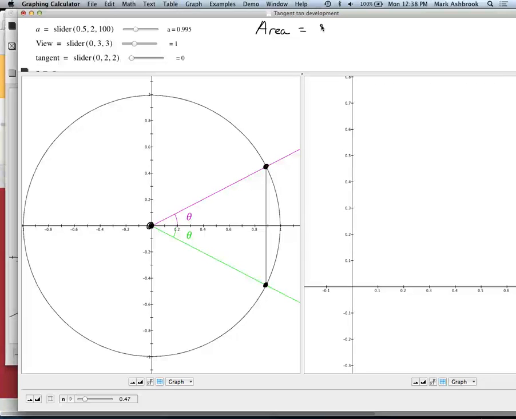Okay? Go. See if you can do it. I'm going to draw some more in blue. Anything I draw in blue, you just ignore. Ignore the blue and find the area of this triangle that I've just made.